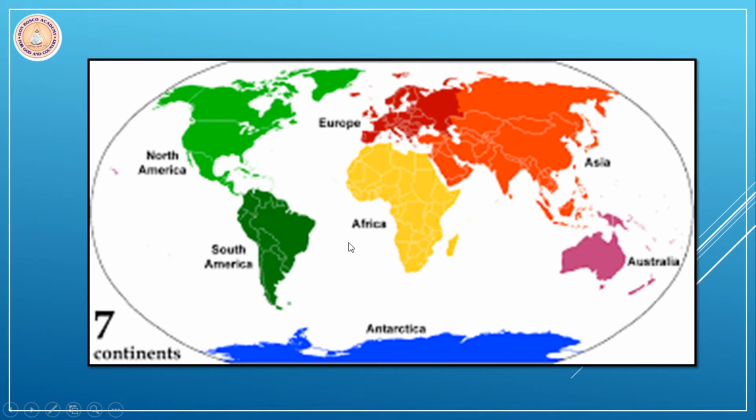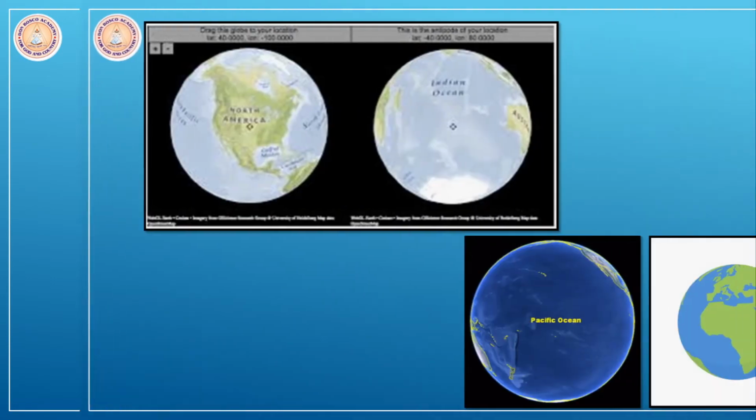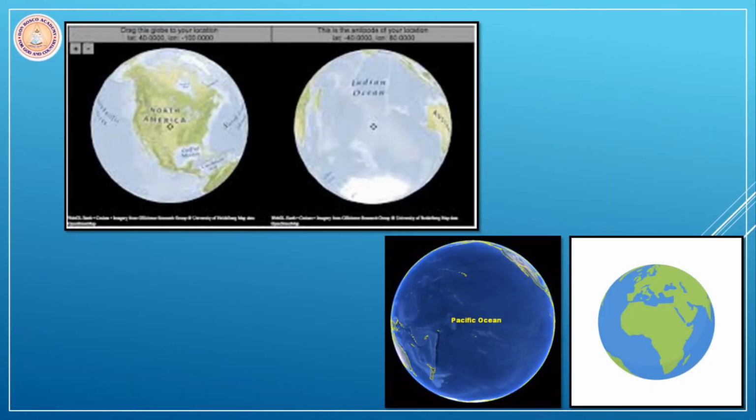Land and water are not uniformly distributed over the earth. About 71% of the earth is covered with water.